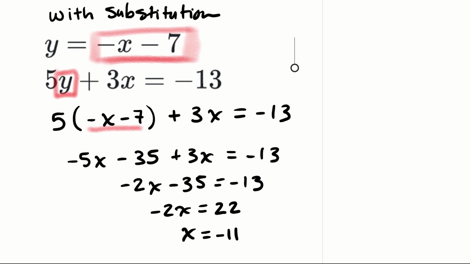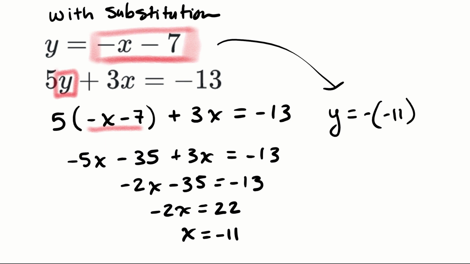And then as a final step, I'll write it here to include it, I would use this equation for y, and I would write that y is equal to the opposite of x, which is negative 11, and then minus 7. So we're looking still at 11 minus 7. Y is equal to positive 4.